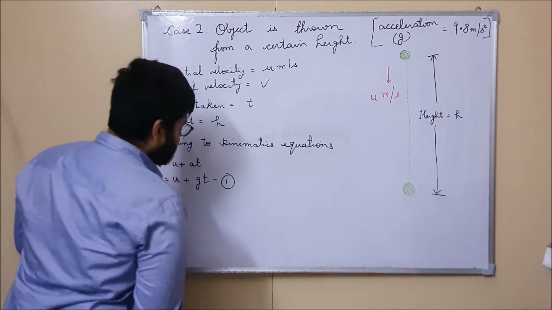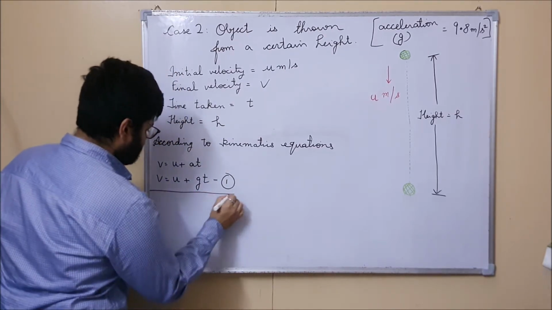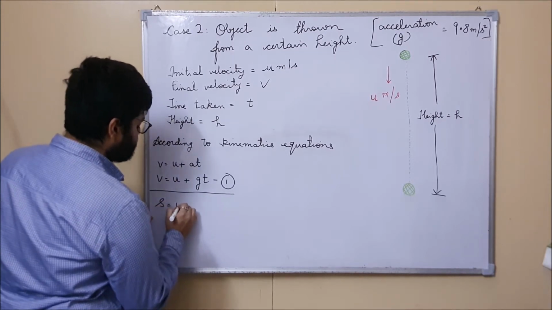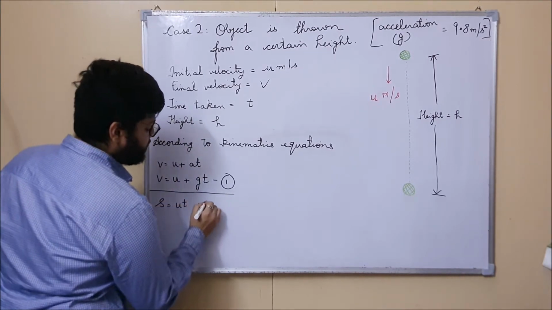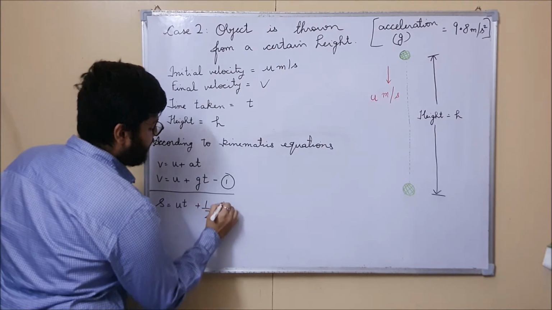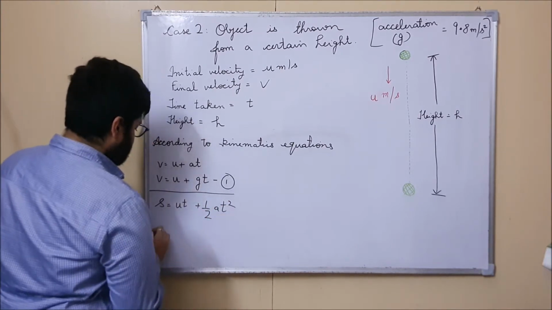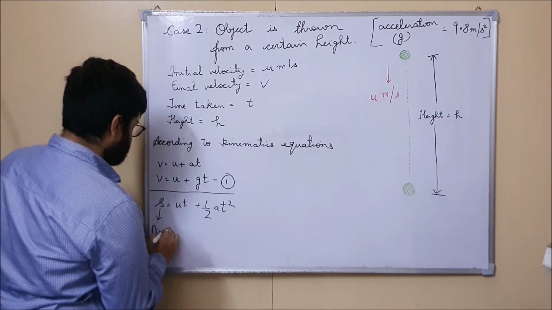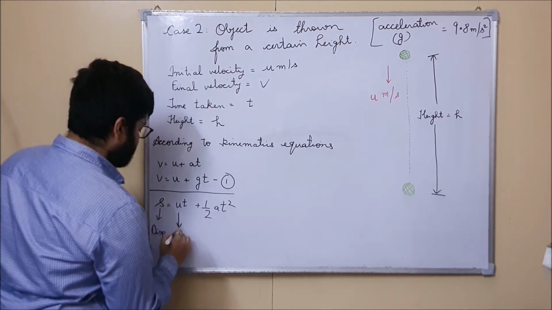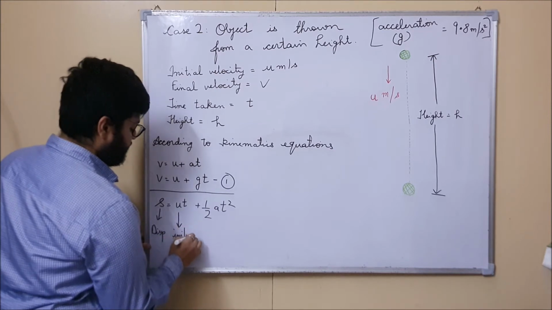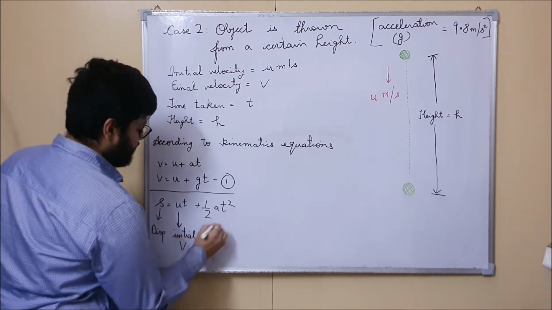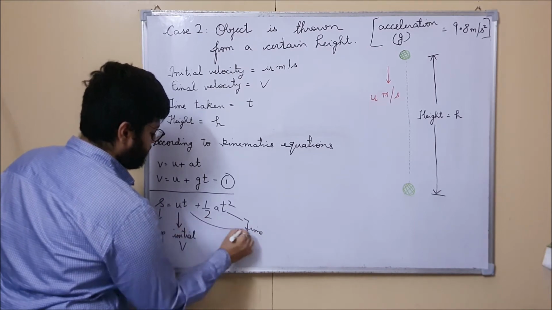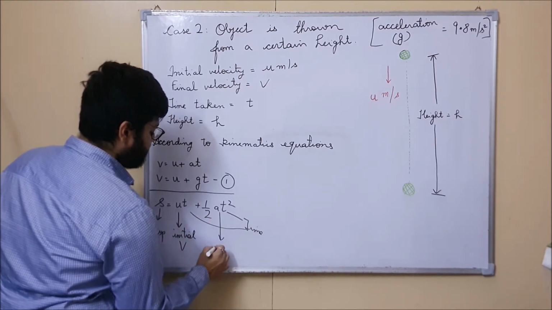Now coming on to equation number 2, that is s is equals to ut plus half at square. Now s is displacement, u is initial velocity, t is the time, and a is the acceleration.